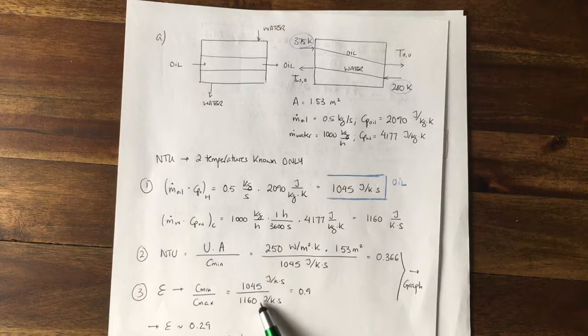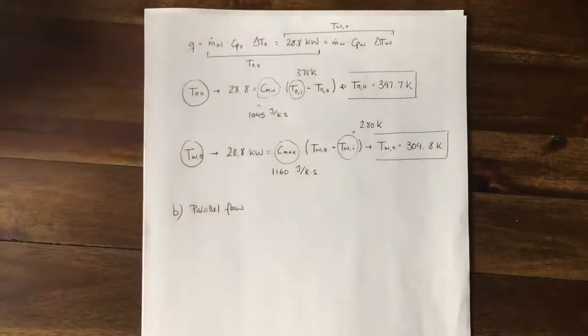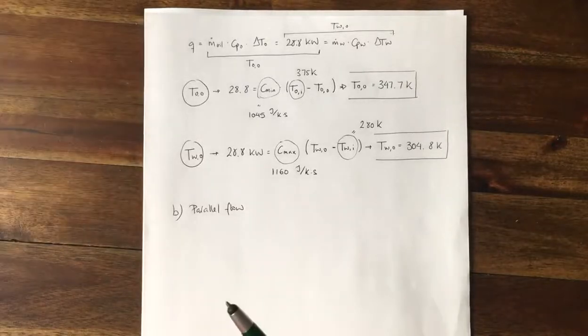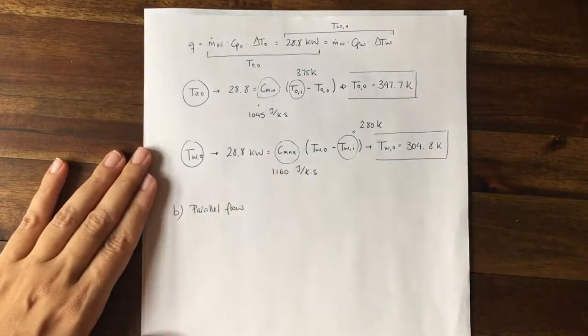Then we need to establish the value of the ratio between the minimum and the maximum capacity in order to estimate the value of the efficiency, and then we can calculate the value of the heat rate, and from there it's relatively easy to calculate both temperatures at the outlet.